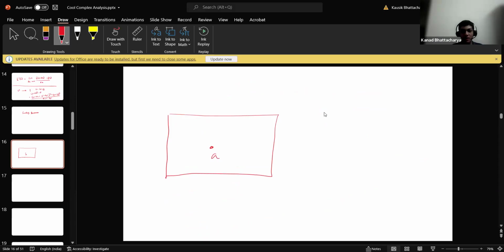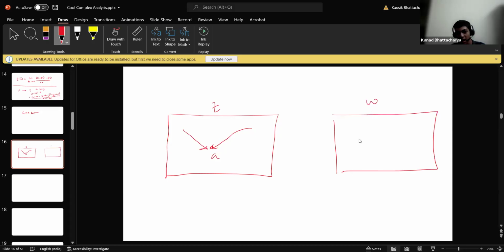No matter how we send z to a, maybe like this, maybe like this, because the plane is 2D, we can send z to a from all directions. It can go from the back, from the right to the left, from the front. No matter how we come towards a in the z plane, when we look at the w plane, f always goes to w0, maybe in some different direction.